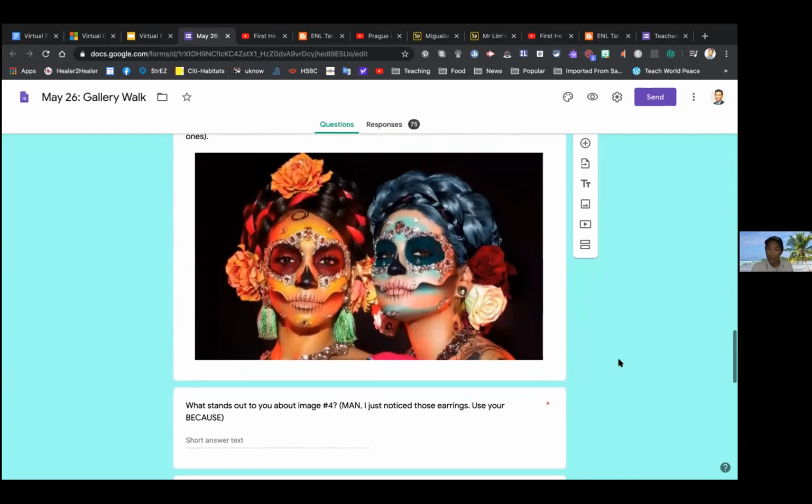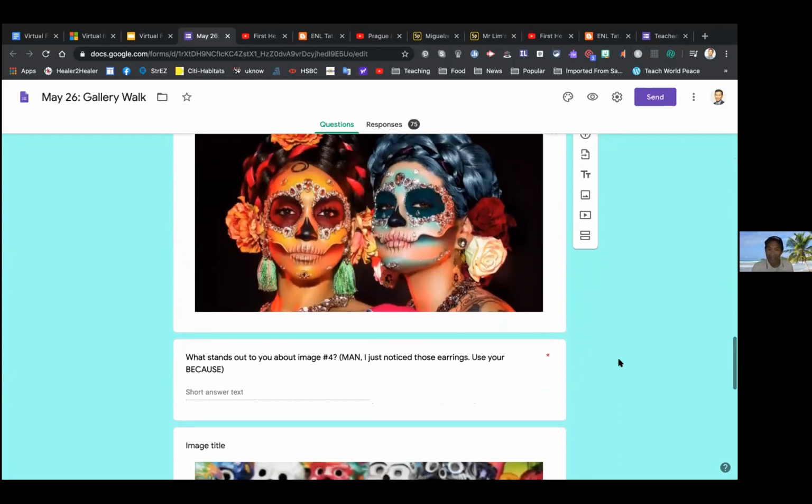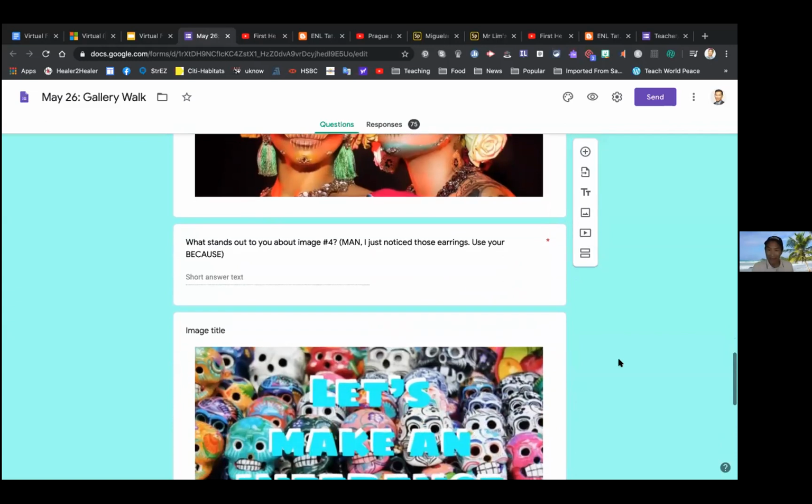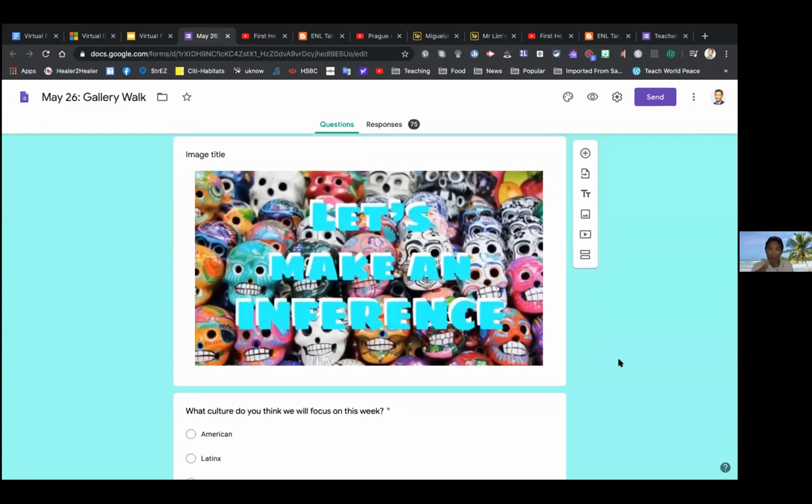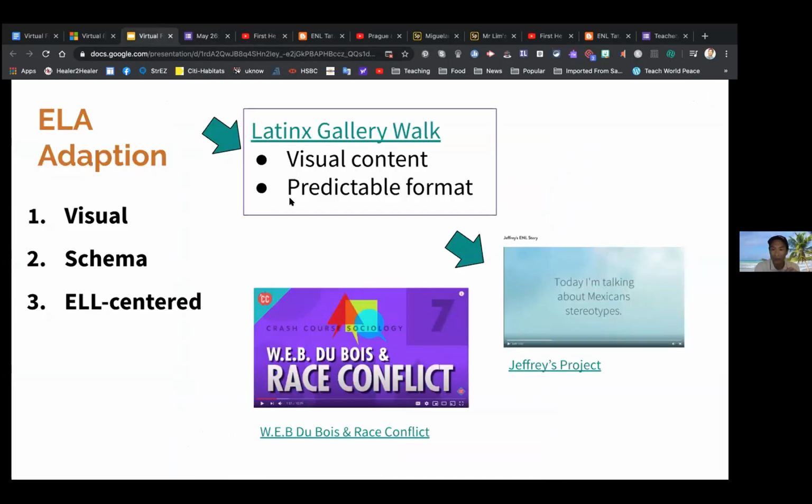The Dia de los Muertos, the Day of the Dead celebration is very big in Mexico. And all of that, you can have them make an inference on the first day to try to get their brains warmed up to where you're going. Very visual, very appropriate for beginning students.